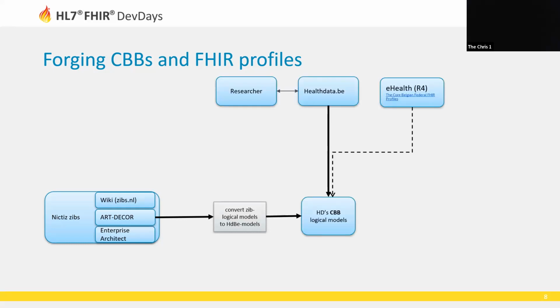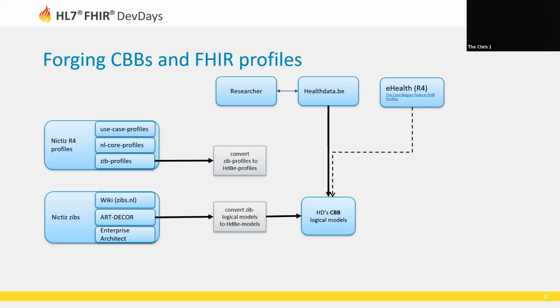We took the input from the health data team and the researchers, but also looked into what else is going on in Belgium with HL7 Belgium and eHealth, and made sure that we get all the requirements that are going on in Belgium into our Belgian clinical building blocks. Those also formed the basis for providing FHIR profiles, for if we want to exchange that information with FHIR to Sciensano.